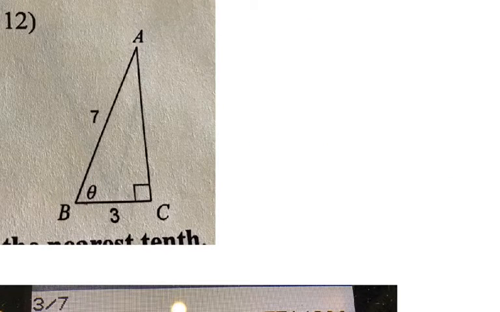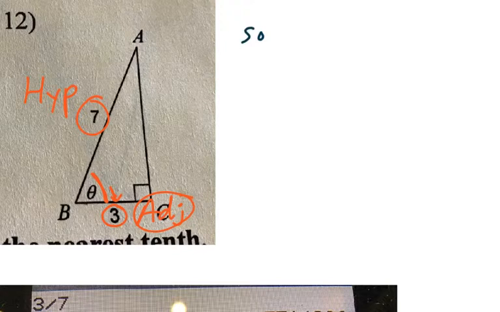Okay, let's take a look at number 12. Here's my theta. Notice the 3 right here is what we call adjacent to it. It's right next to it. This time, the 7, hopefully you realize, is my hypotenuse, the longest side of the right triangle. According to SOHCAHTOA, which one uses A and H?